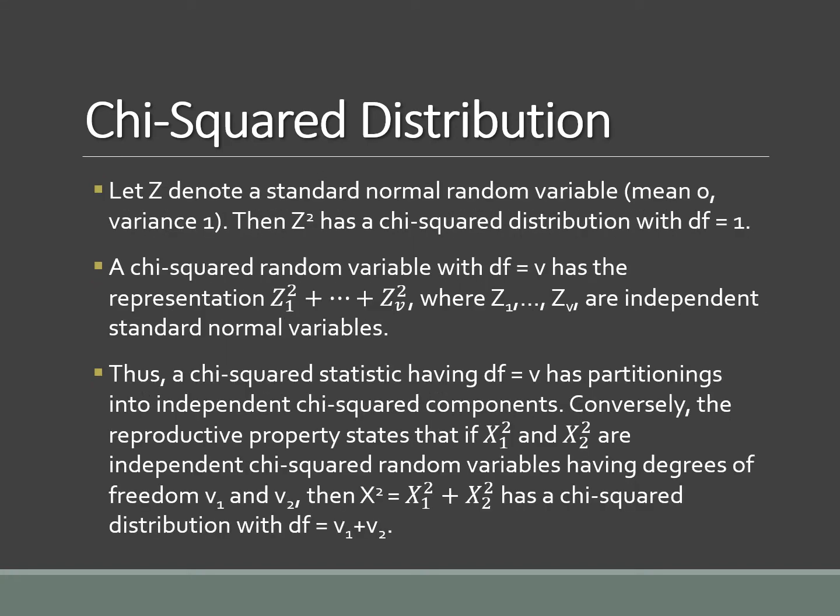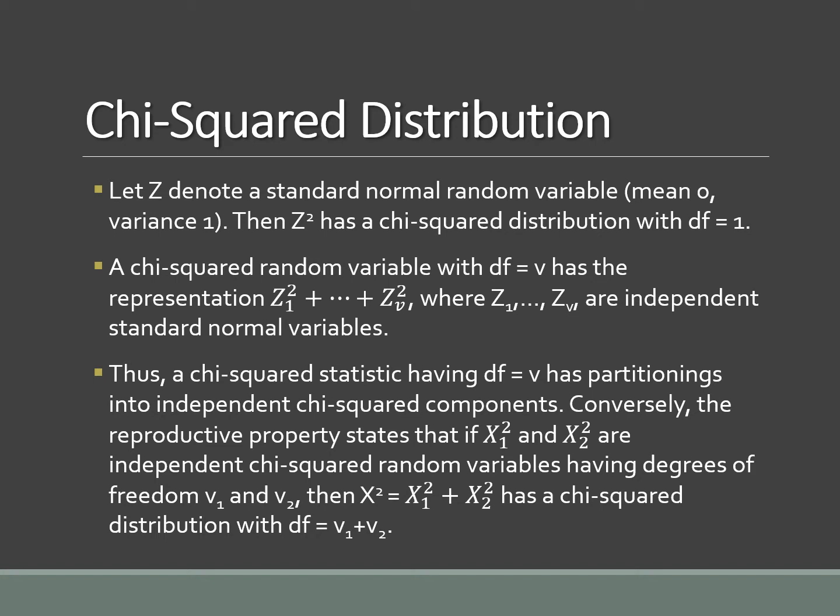Okay, some additional connections of the chi-square distribution with other distributions. Say, let Z denote a standard normal random variable, meaning it follows the standard normal distribution, which means it has a mean equal to 0 and the variance is equal to 1.